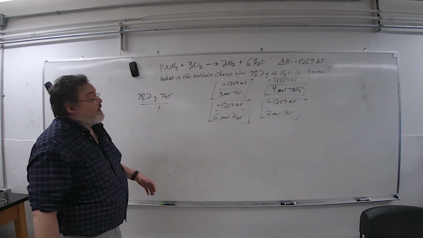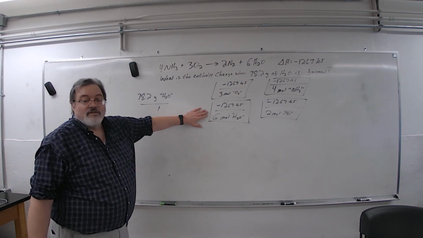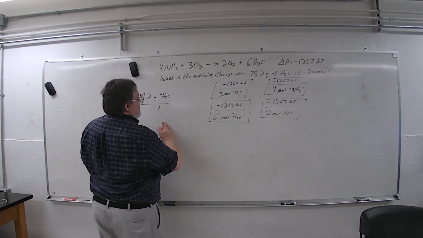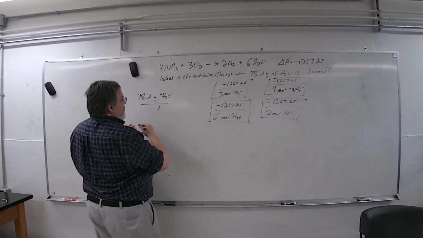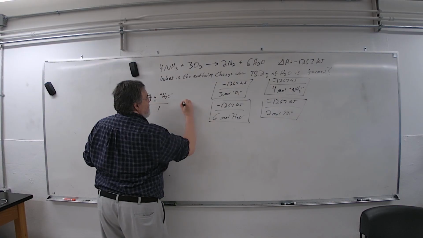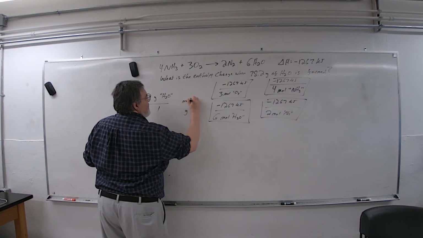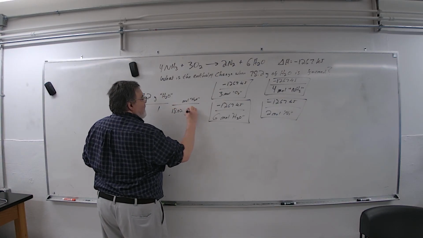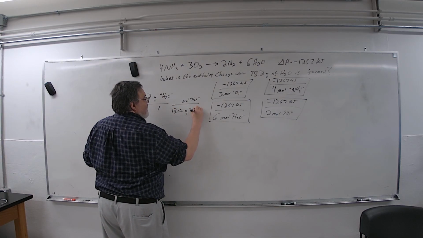All right, for this problem, we don't need all of these. We only need this one. So I'm going to use this one. I need grams of H2O. I also need the grams per mole of H2O. It's 18.02 grams of H2O.